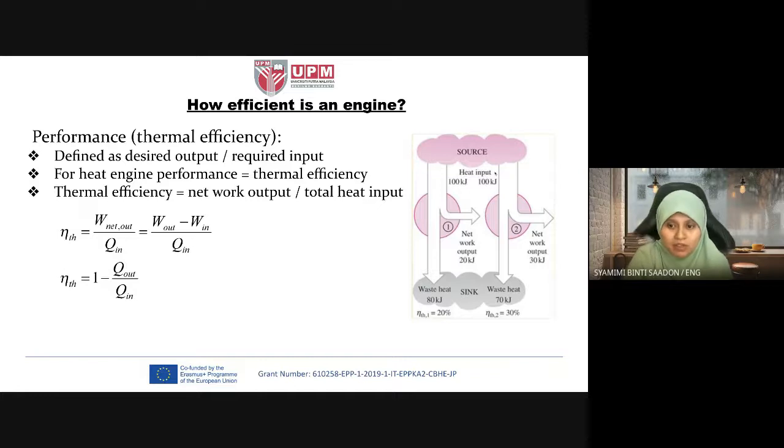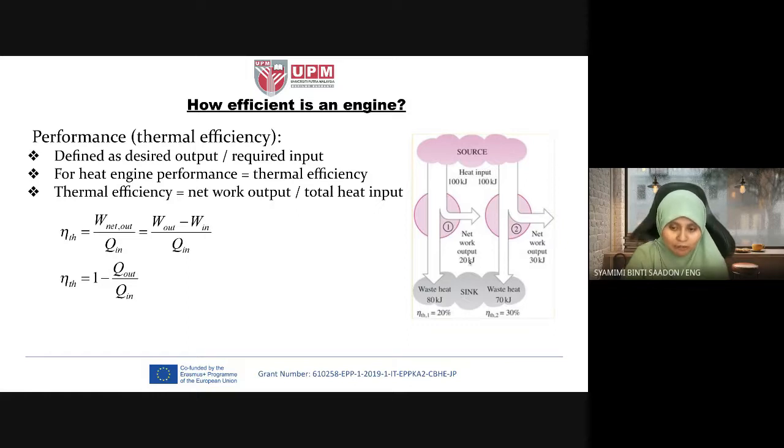So here we have an example of two heat engines with different efficiency. The first one has 20% efficiency. That means if it has 100 kilojoules of heat input, with 20% efficiency, it can only produce 20 kilojoules of work output.